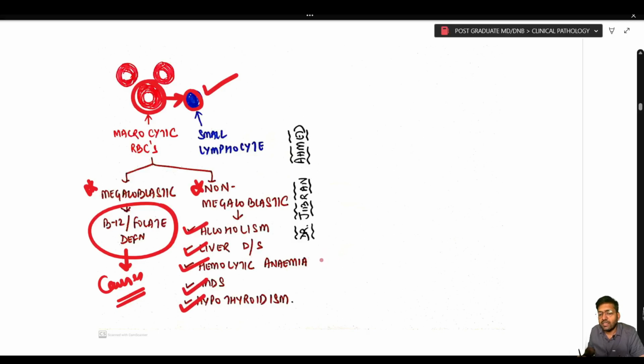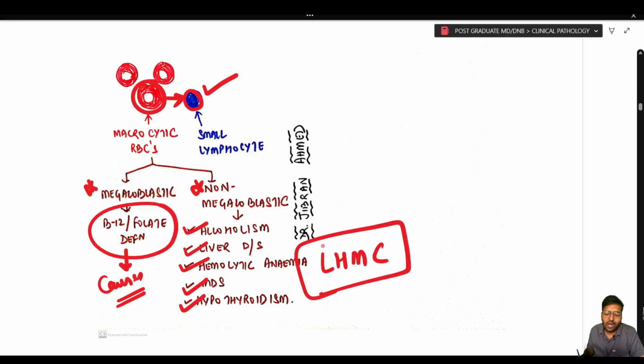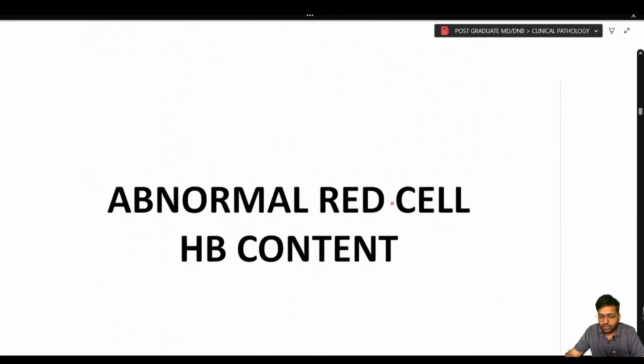Here you can remember LHMC, Lady Hardinge Medical College, as the mnemonic. L stands for liver disease, H for hypothyroidism, M for MDS, and C for chronic alcoholism. This is the mnemonic for non-megaloblastic causes of macrocytosis.